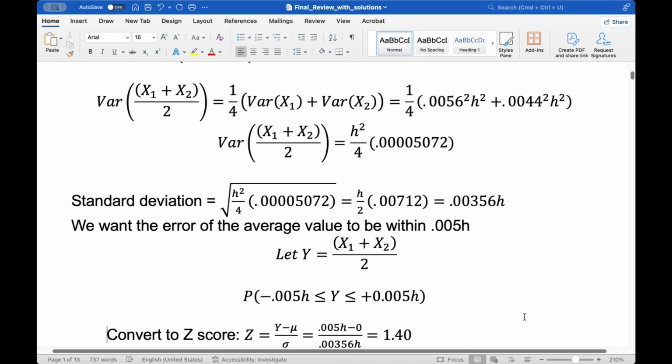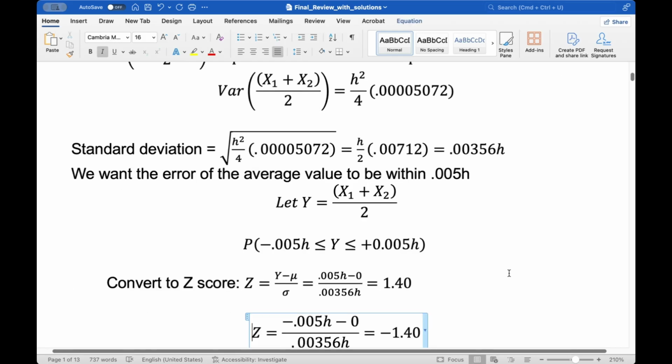We're going to convert this over to a z-score so we can look it up on the chart. So we take the random variable minus the mean over the standard deviation. The mean was 0, standard deviation 0.00356h. So 0.005h minus 0 divided by 0.00356h is 1.40.